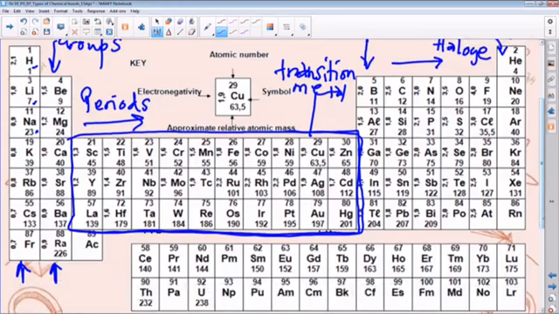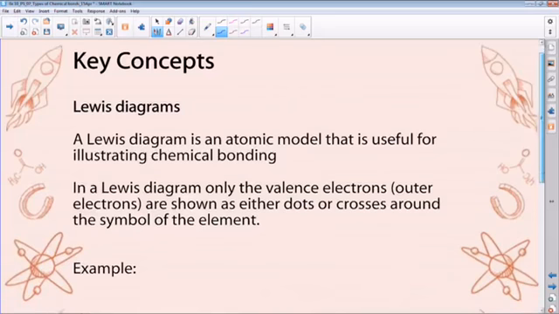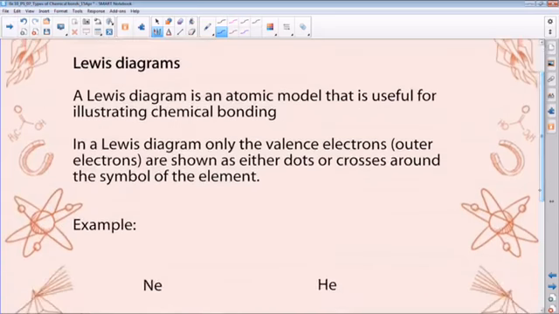Okay, now let's move next and check the key concepts for today. Now, we have what we refer to as the Lewis diagrams. Remember, when bonding occurs, the electrons at the highest energy level are the ones that take part in the bonding. So as far as the Lewis diagram is concerned, it's an atomic model.